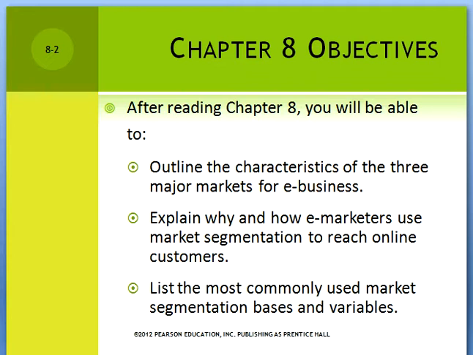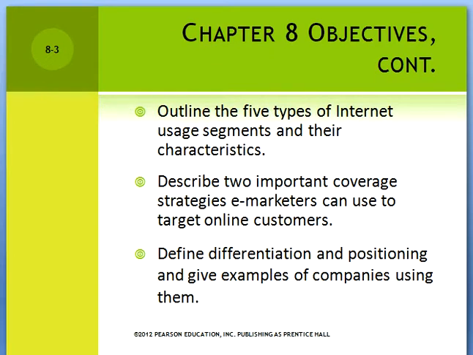Then list some commonly used market segmentation bases and variables. Also, we'll outline 5 different types of internet usage segments and what are their characteristics. Again, these are the usage segments. Depending on what products or services we are offering, we could use some of those segments.